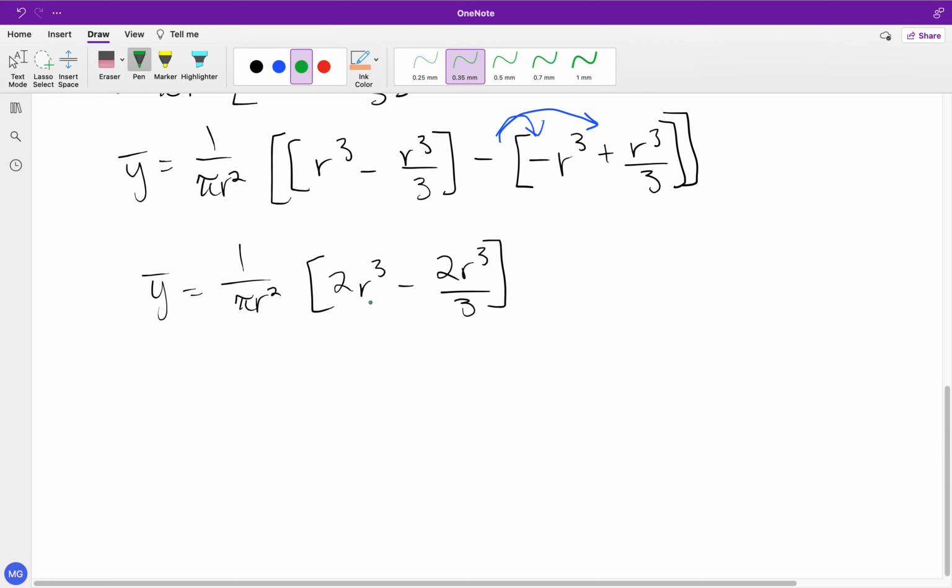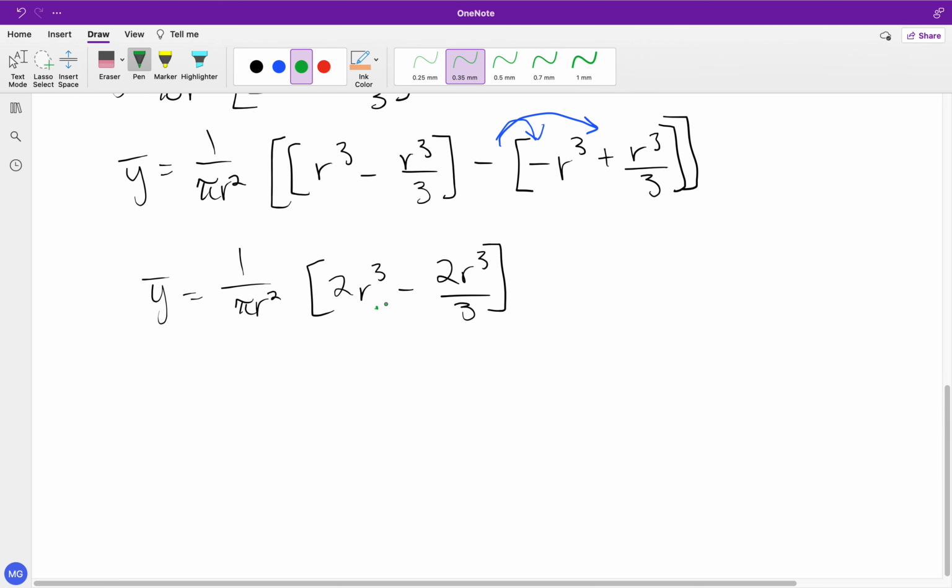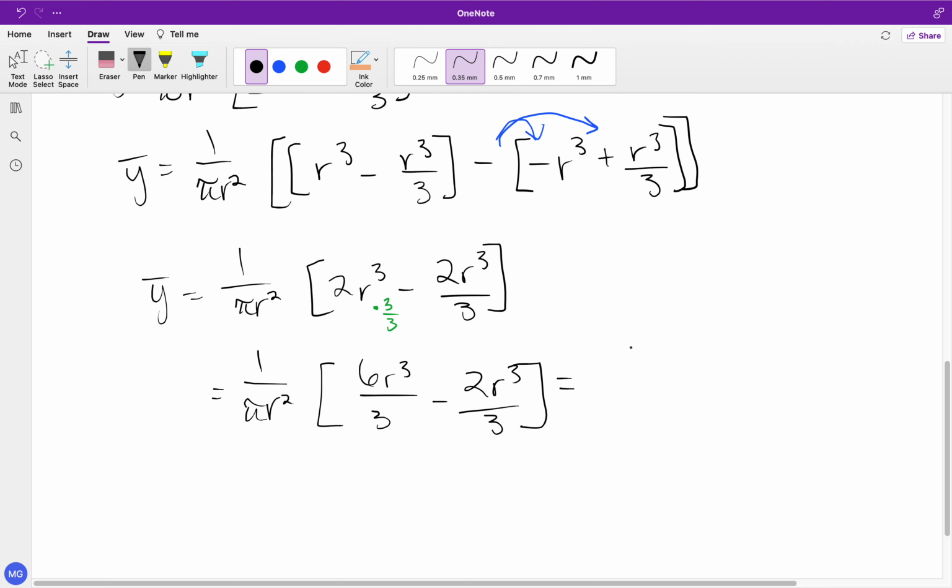In order to subtract these, I multiplied this by 3 over 3 in order to get the same denominator, and that gave me 6r cubed over 3 minus 2r cubed over 3, which simplifies to 1 over pi r squared times 4r cubed over 3.